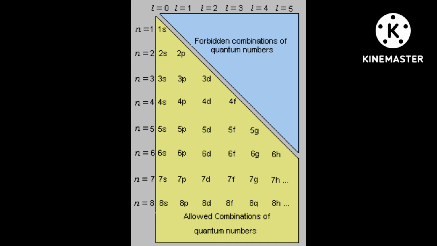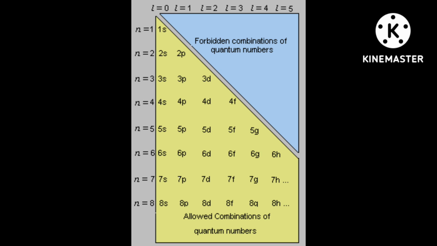These two orientations are distinguished by the spin quantum number, which can take the value of plus half or minus half. Already I told you, this spin quantum number has two types, plus half and minus half.